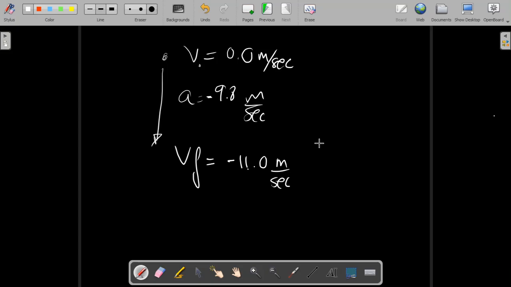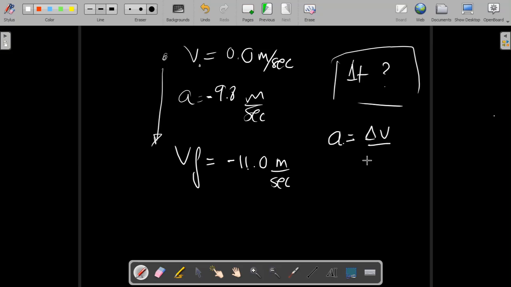And now they want to know how long. How long means what? It means time. They're asking for this, the time. This is the question. How long? Well, write down the equation that puts all of this information together. Acceleration is the change in velocity divided by time.